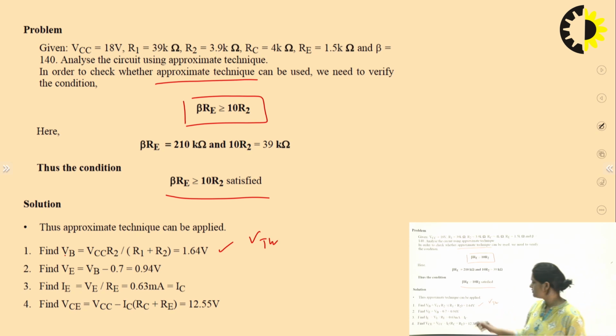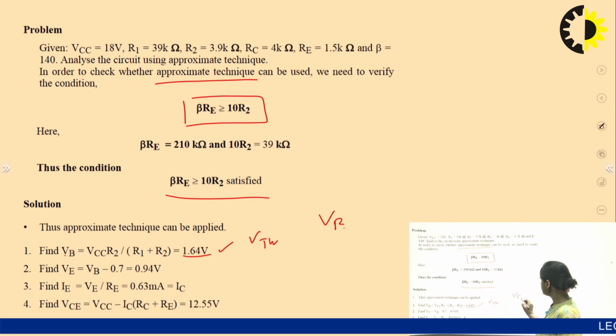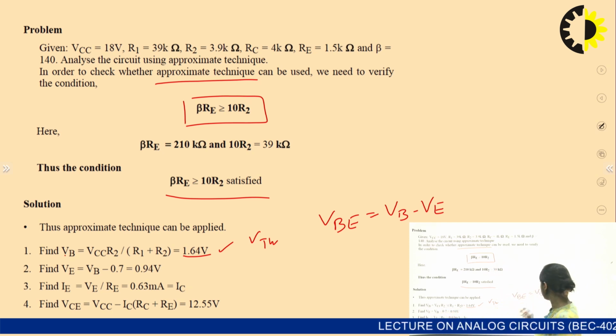So here this VB is equal to 1.64 volts by applying the formula, and from here we can directly calculate VE, because we know that VBE can be written as VB minus VE. So VE will be equal to VB minus VBE.